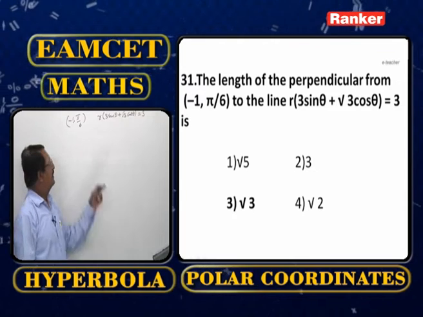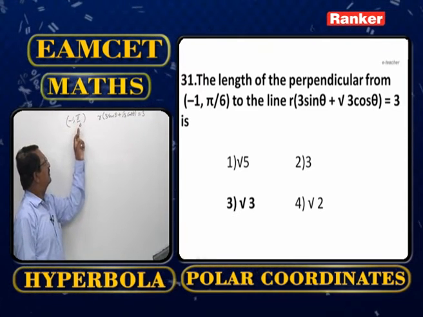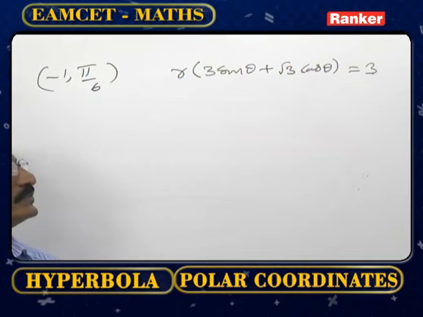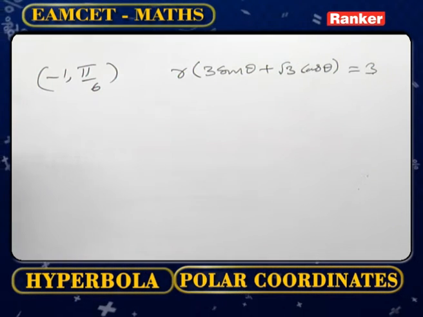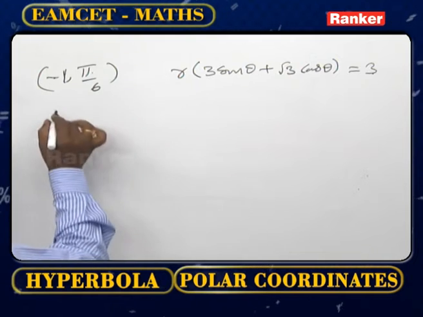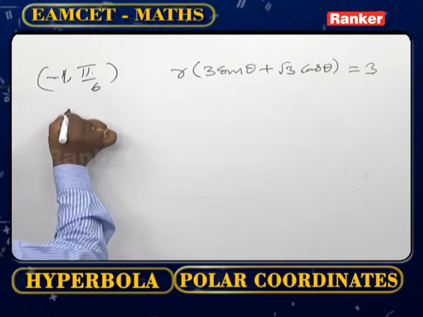Now, convert the given point (minus 1, pi by 3) in terms of x and y, the Cartesian coordinates.